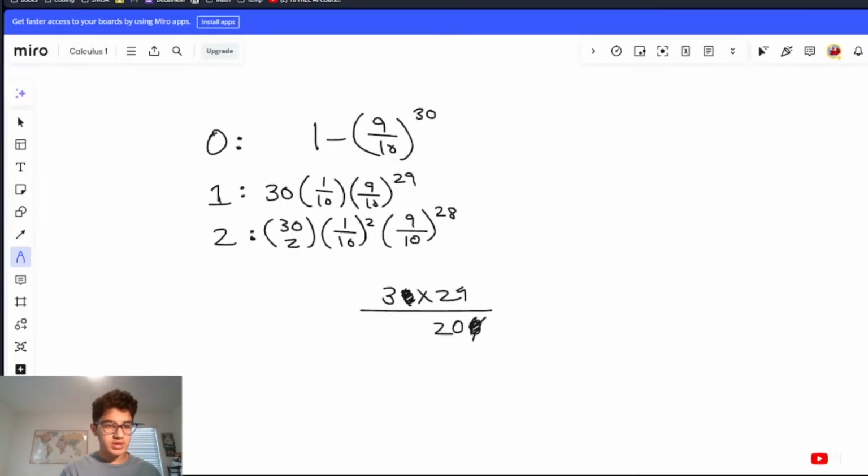Oh, it's not 1 minus that, right? Why would it be 1 minus that? That's the probability that it rains every day, and so it would be a very small probability. So this should go away. It should just be 9 over 10. And that makes sense as well because that's what you'd have in the normal binomial theorem, 9 over 10 to the 30th. Great.